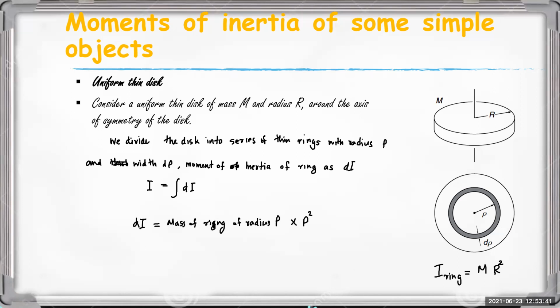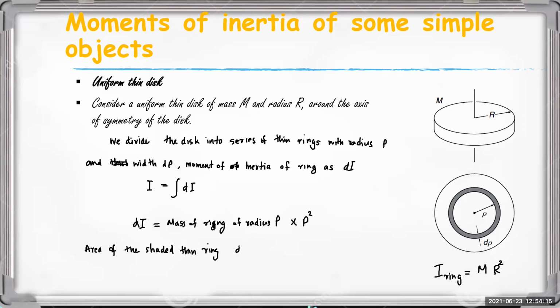Then we have to find the mass. For that, what will be the area of the shaded thin ring?